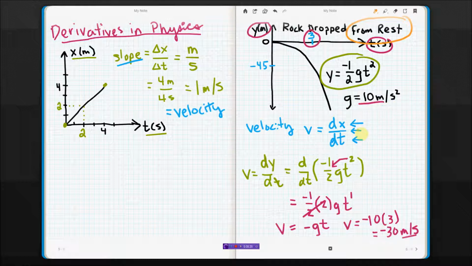A second after that, so that's 2 seconds total, I would have added another 10 meters per second on the speed, and since it's down, it's still negative, so that'd be negative 20 total. And then another second, I add another 10 meters per second, so I have a total of 30. And there I am at 3 seconds, just like predicted.